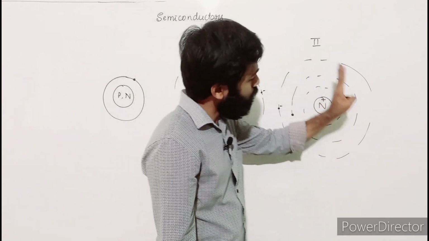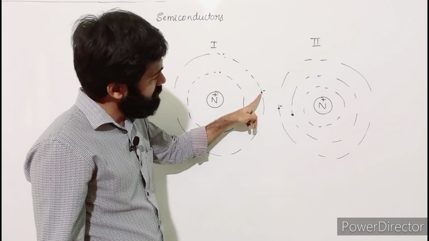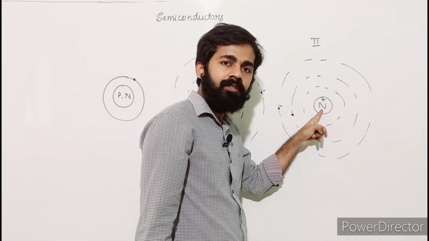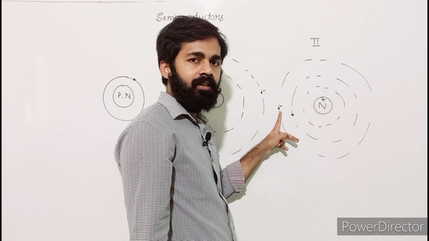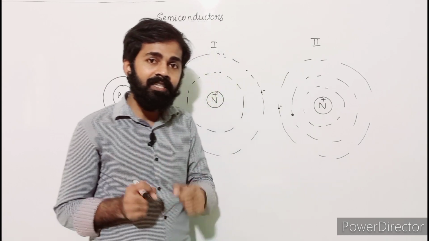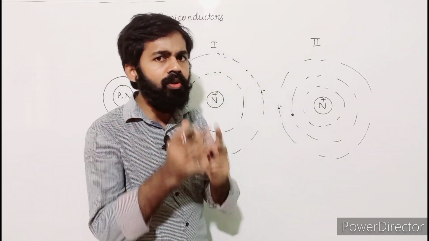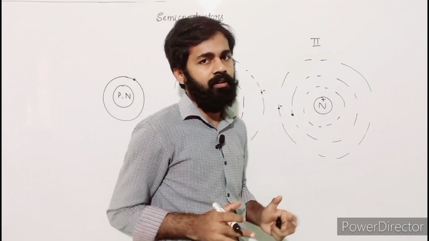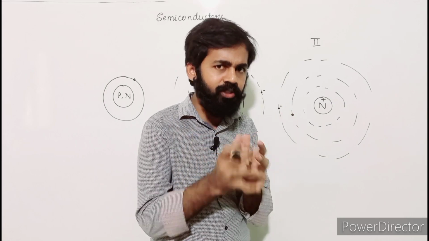So when I bring one atom nearer to another, these electrons may be attracted by this nucleus or repelled by these electrons. Attractions and repulsions will happen when I bring two atoms together.